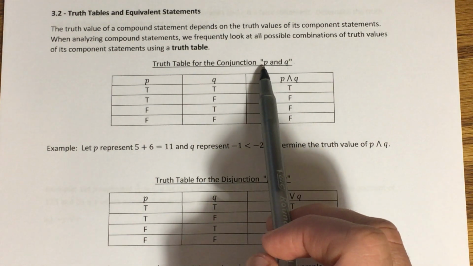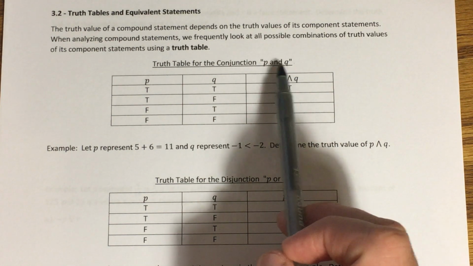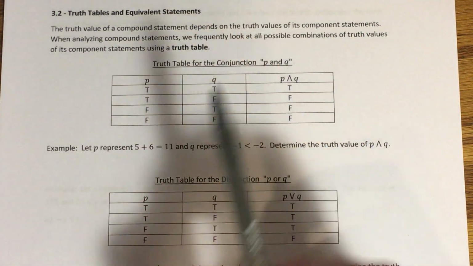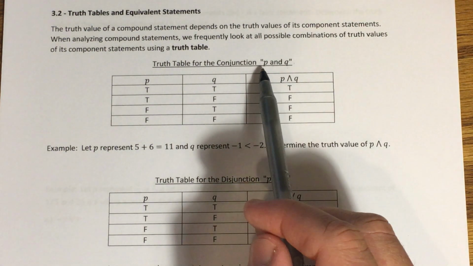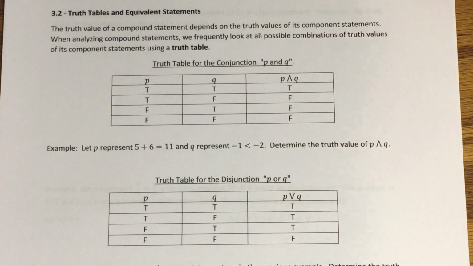P and Q can either both be true, P can be true and Q can be false, P can be false and Q can be true, or they could both be false. Those are the only 4 possible combinations of truth values for the statements P and Q, whatever P and Q happen to be. And notice I'm not giving explicit examples of what P and Q are. It's just looking at those combinations.